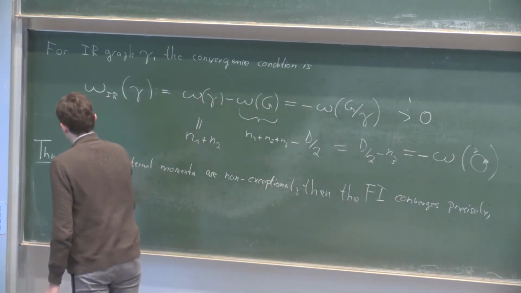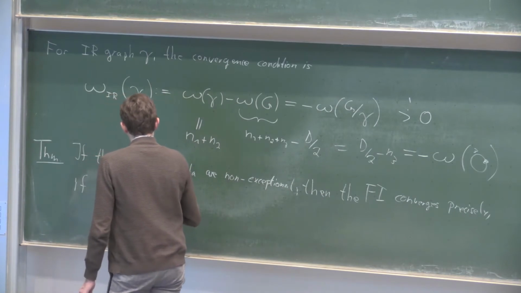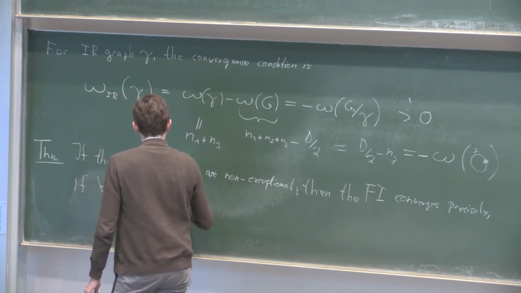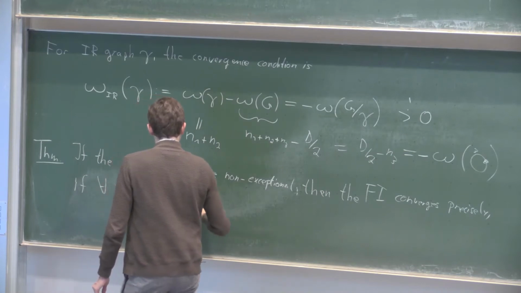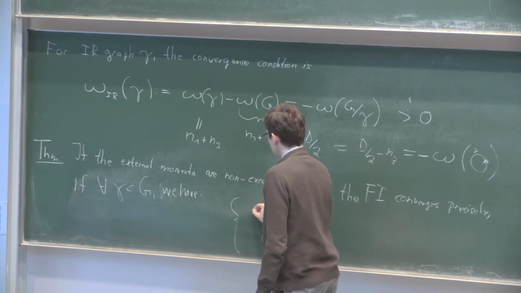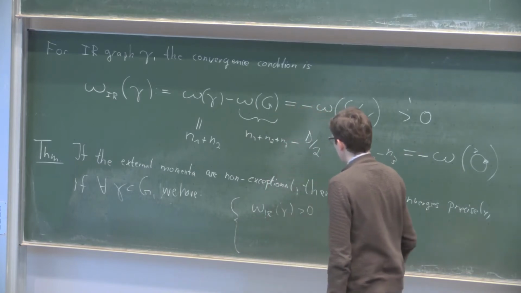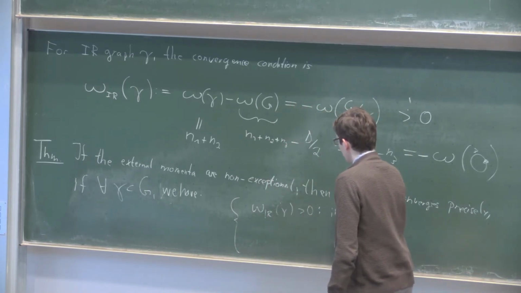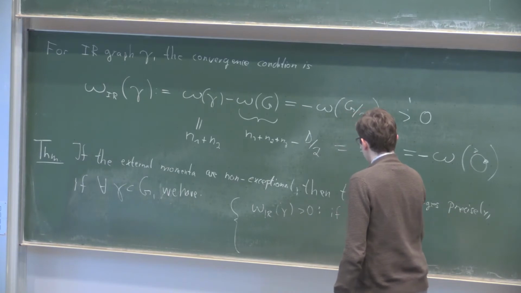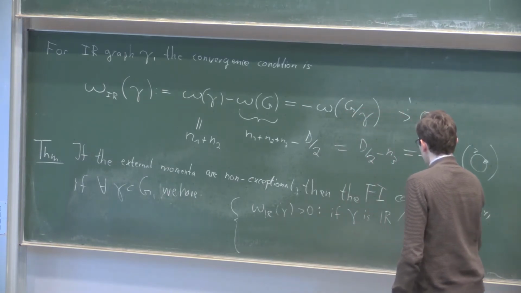if for all subgraphs you have the condition, and we have to write it down in two cases. So either we say we want that this infrared degree is greater than 0 for the cases where gamma is an infrared subgraph or mass momentum spanning.